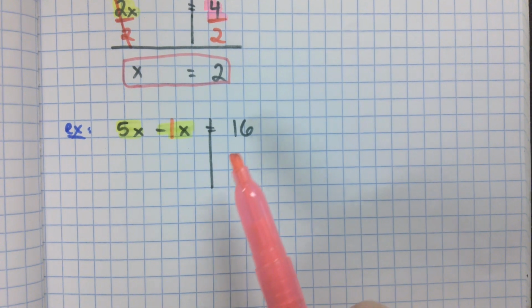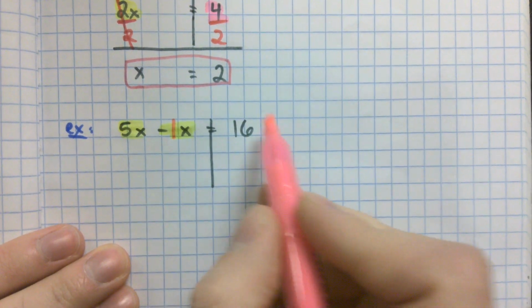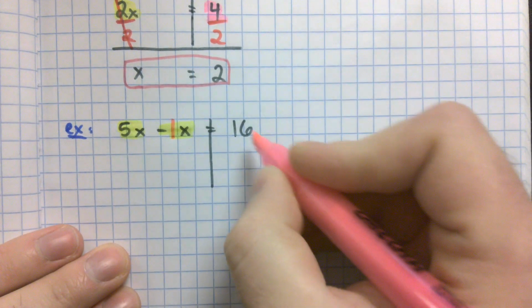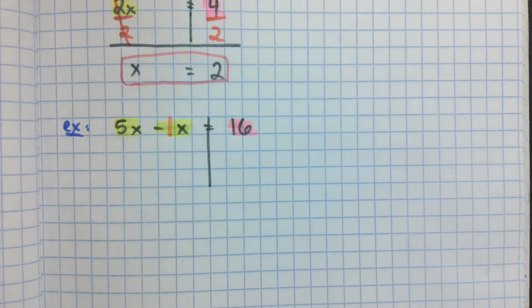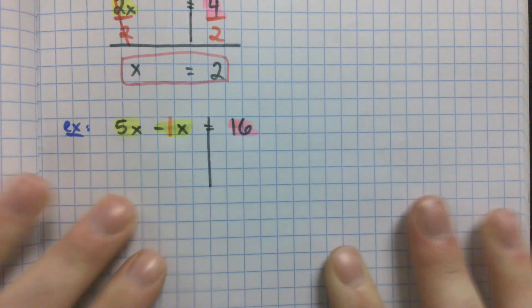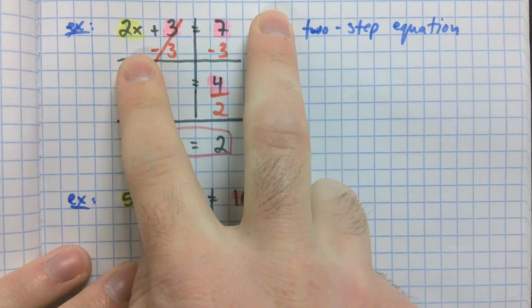And what type of term would 16 be? Is that a variable term? Well, does it have a variable on it? No, so it's a constant term. In the previous example, we had 2 pink terms, but they were on opposite sides of the equation.